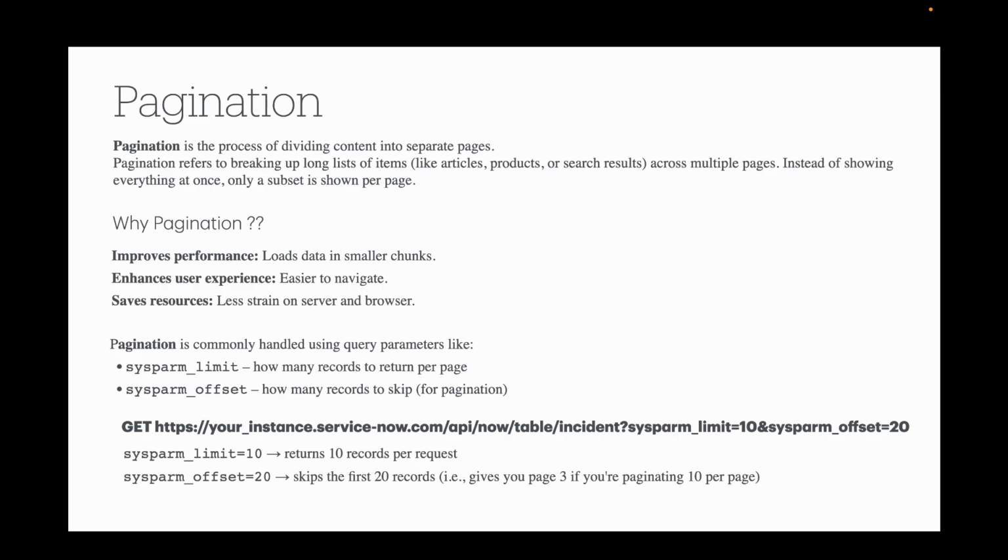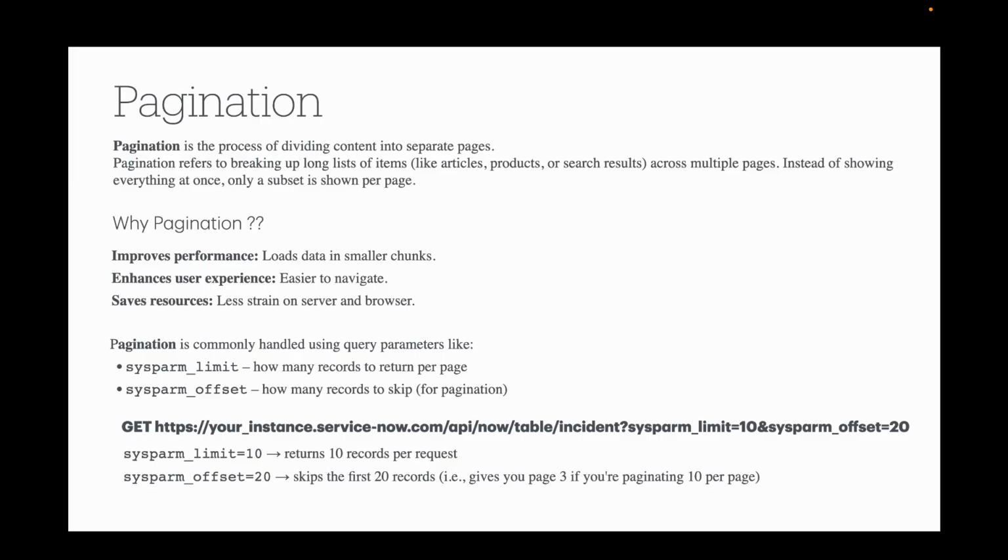It improves performance. It loads data in much smaller chunks, which enhances the user experience and puts less strain on the server and browser. Pagination is commonly handled using query parameters like sysparm_limit and sysparm_offset.